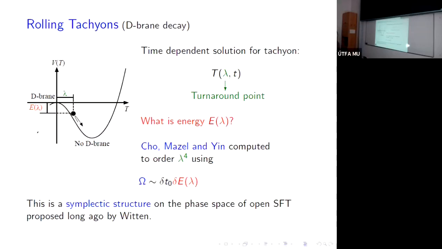They evaluated this symplectic structure on the solution and manipulated it into the form of delta t times delta E. Then by figuring out what this delta E was as a function of this turnaround parameter lambda, they were able to determine the energy of this time-dependent decay process as a function of lambda.